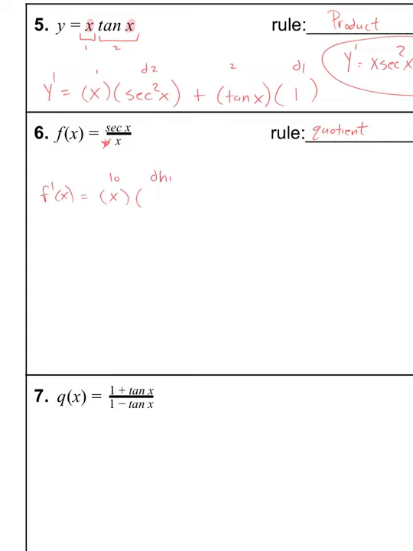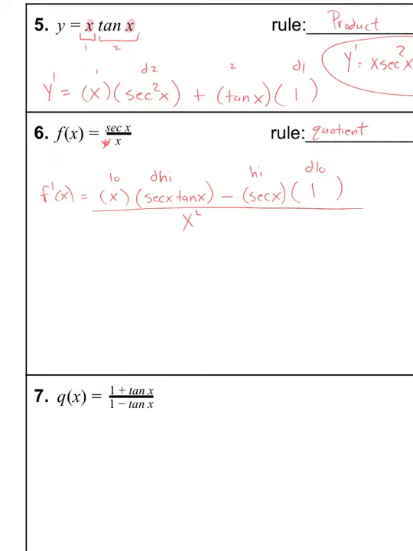The derivative of the secant is secant x times the tangent of x. Then it is minus the high function as is, secant of x. And for d low, hey, the derivative of our denominator x is 1. So there's our numerator. On the bottom of your quotient rule is always the low function squared, x squared.